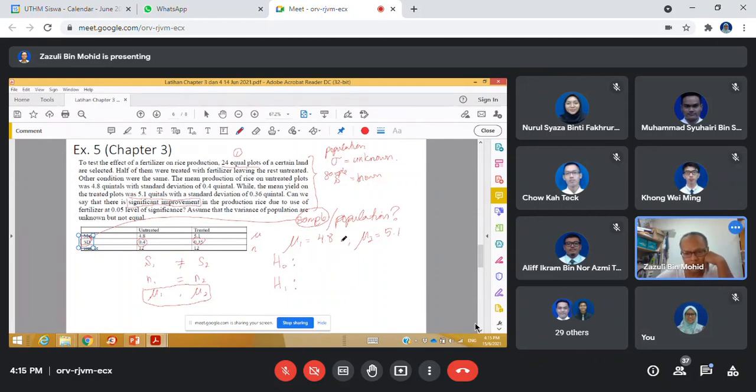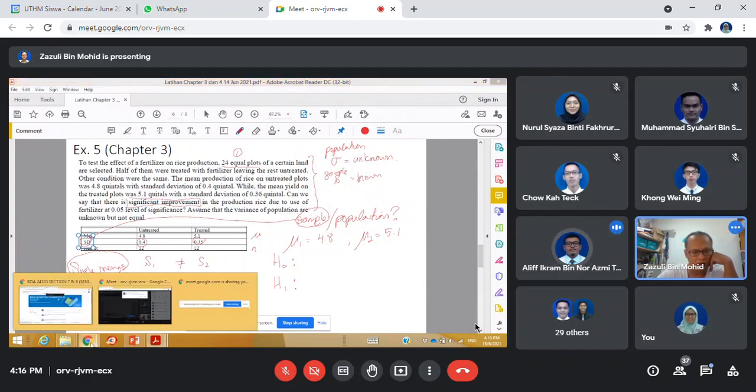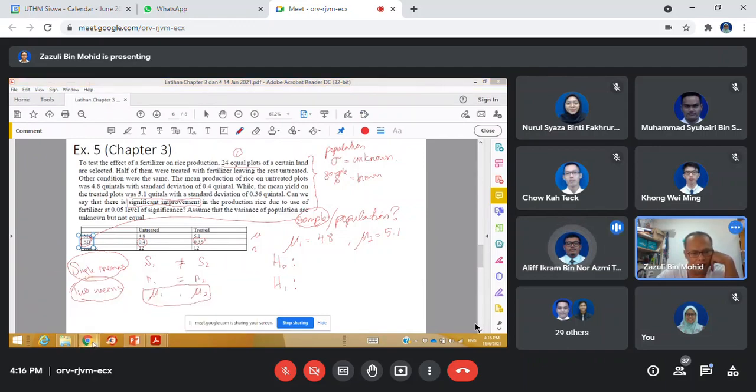Now this is the problem of a single... which one? Is it a single mean or two means? Anybody can answer?